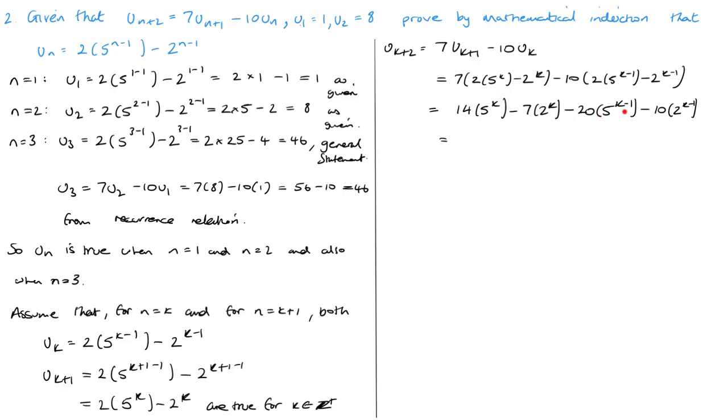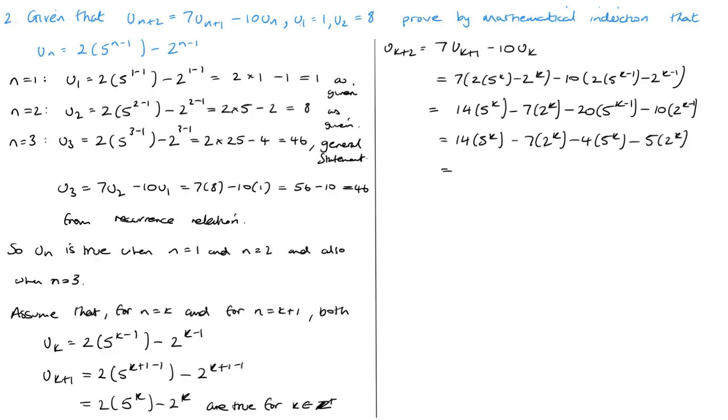That minus 1 is like 5 to the k divided by 5, so this becomes 4, and this one will be divided by 2. So I've got 14 times 5 to the k minus 7 times 2 to the k minus 4 times 5 to the k minus 5 times 2 to the k.